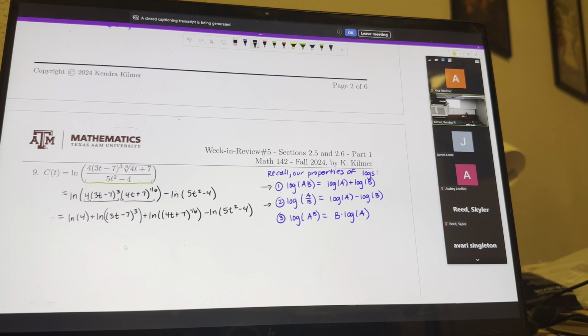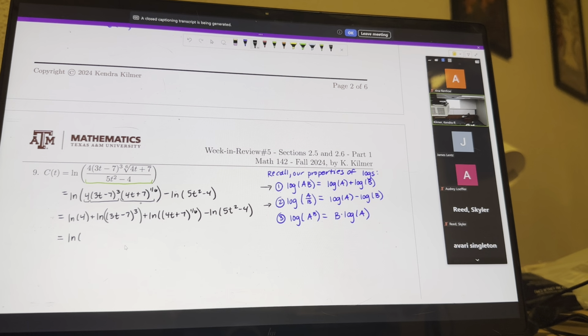Okay, and then the first natural log and last natural log, there's no more rewriting I can do, right? Because we have a subtraction going on inside of a log, and there's no property that enables me to rewrite a subtraction on the inside of a log. But on the second and the third one, we have the entire inside of the log raised to a power. So we can only use this property when the entire inside of the log is raised to the power, like we have in the second and the third log, so we can bring that power out in front.